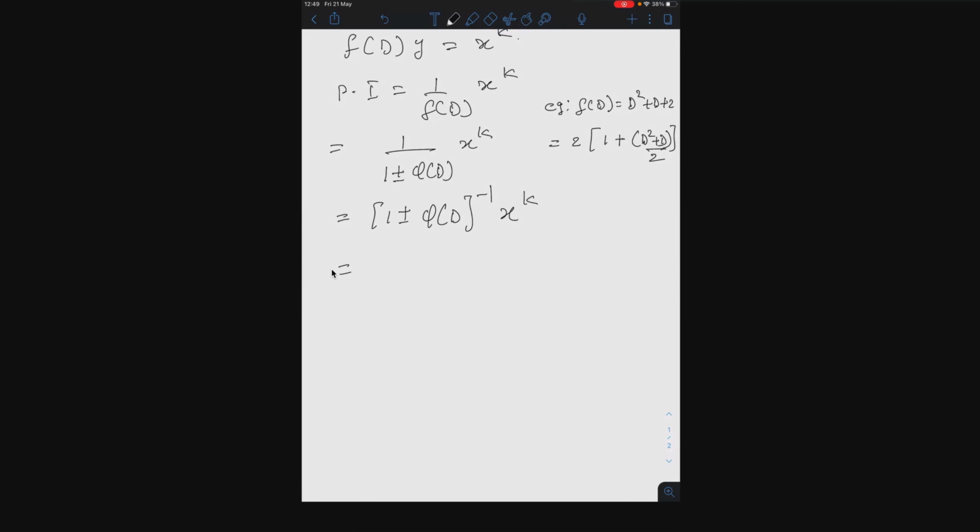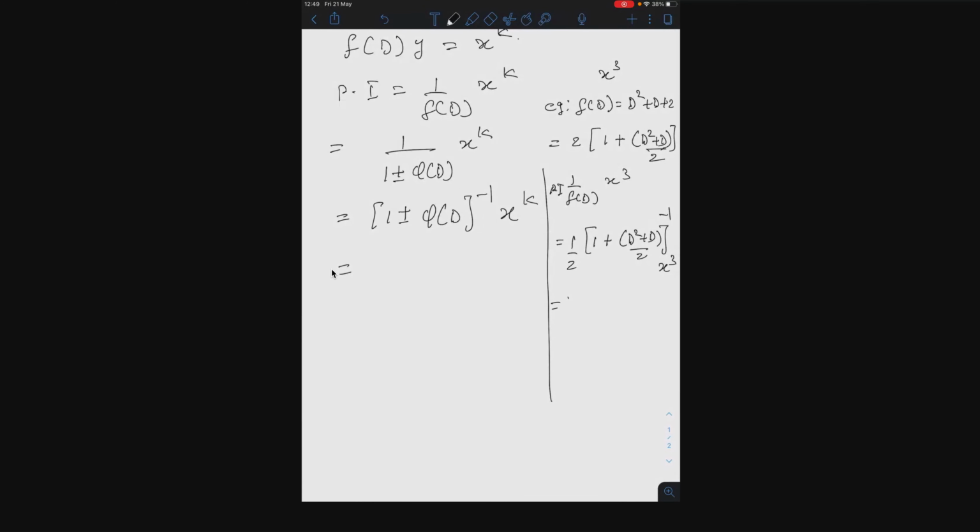Remember, now in the numerator, suppose in this example we take 1 by f of D on x cube. So this particular integral will now be 1 by 2 as it is, and the denominator part I have written in the numerator, 1 plus D square plus D by 2, its inverse, applied on x cube.